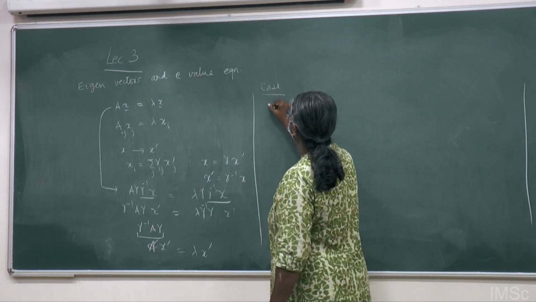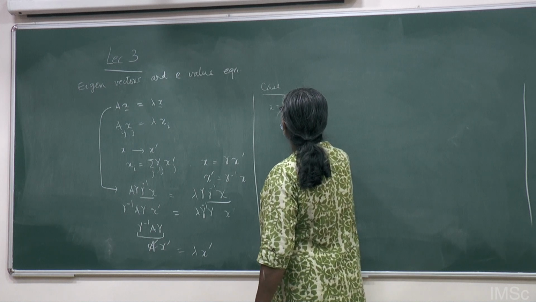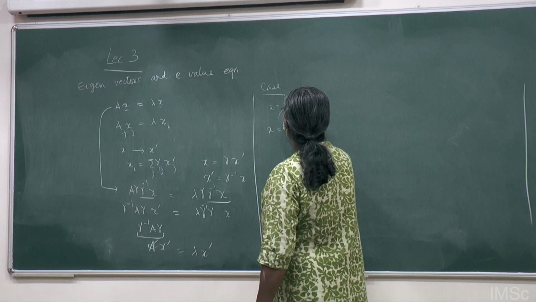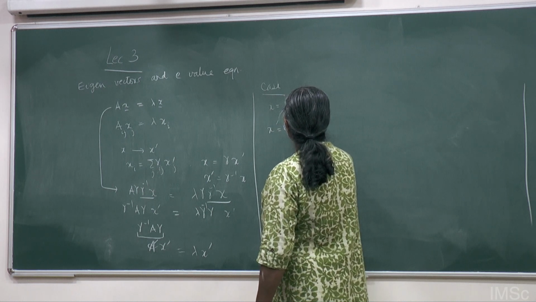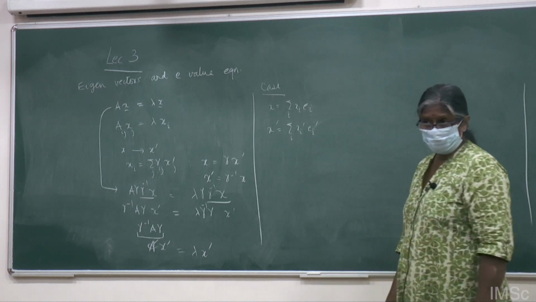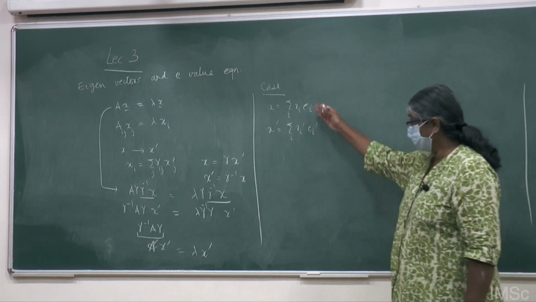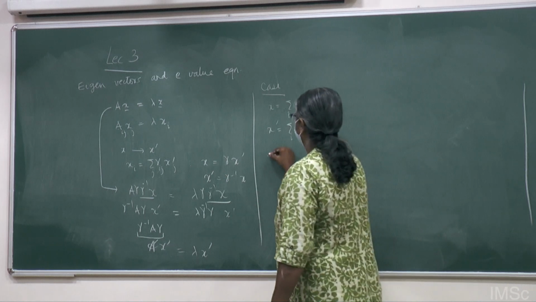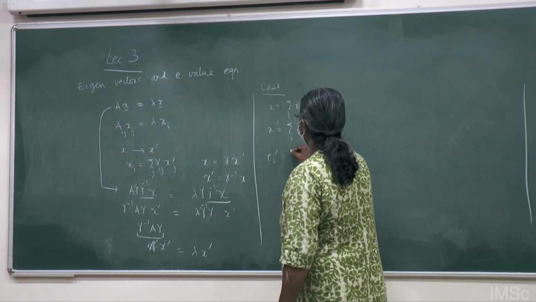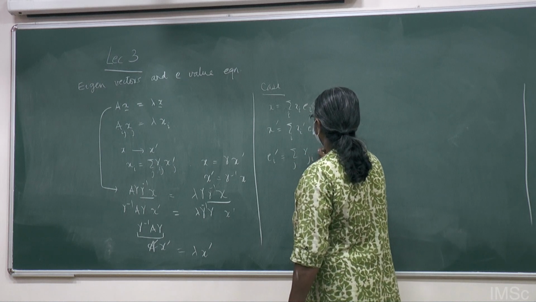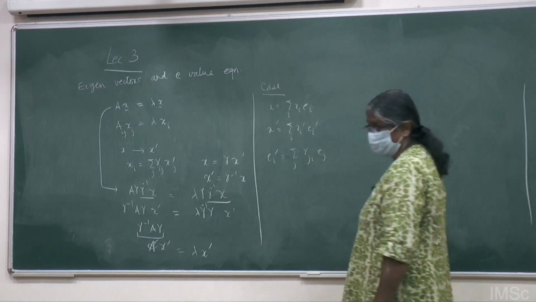So x is equal to, for example, this in this basis, and x prime is equal to this in the new basis, and the basis transforms according to e_i prime is equal to the sum over j of gamma_ji e_j, right?